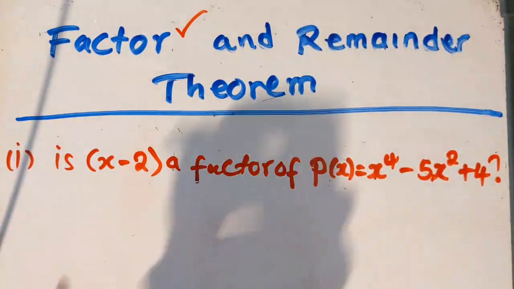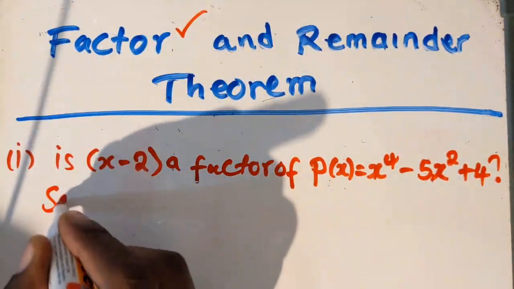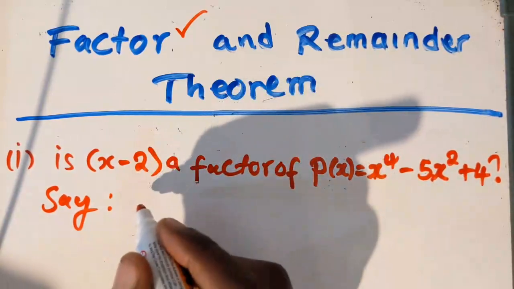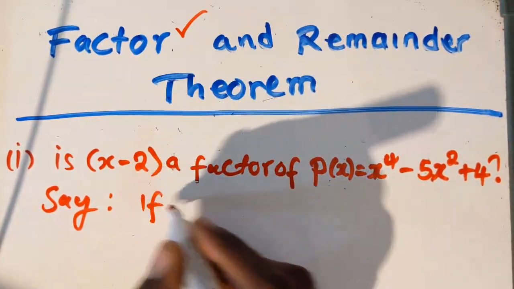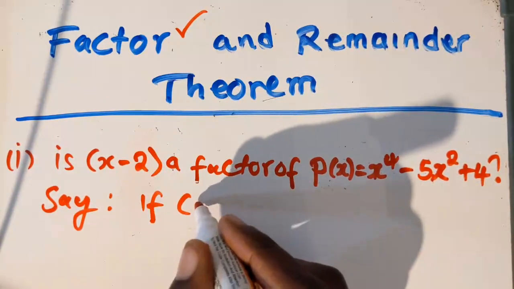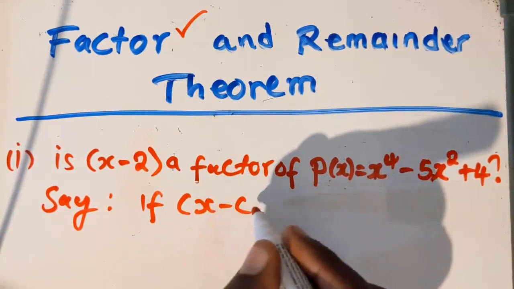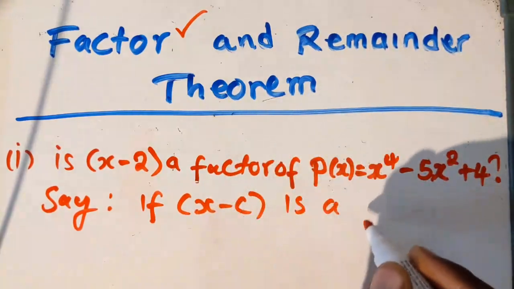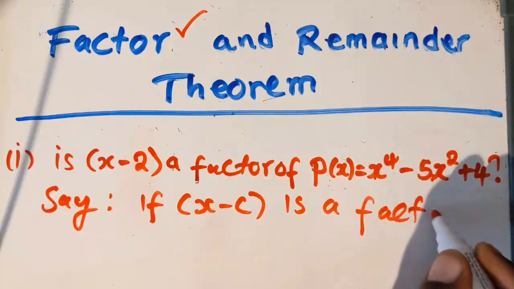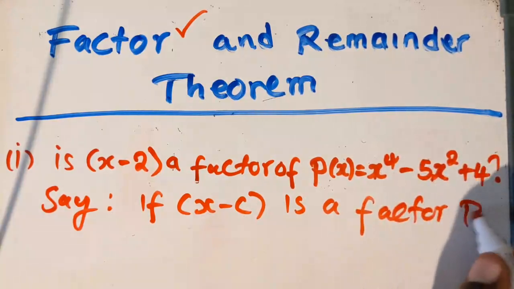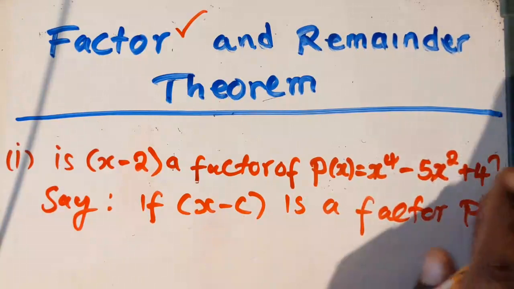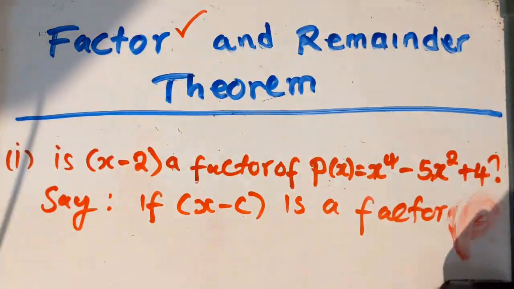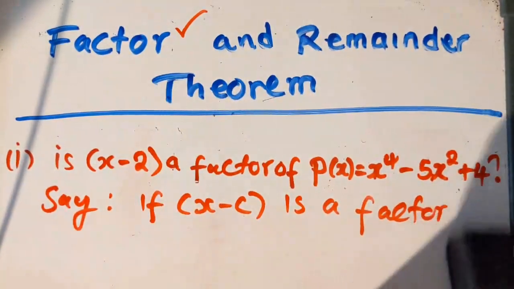The factor theorem says that if x minus c is a factor of p of x, where p of x is just denoting or representing a polynomial.